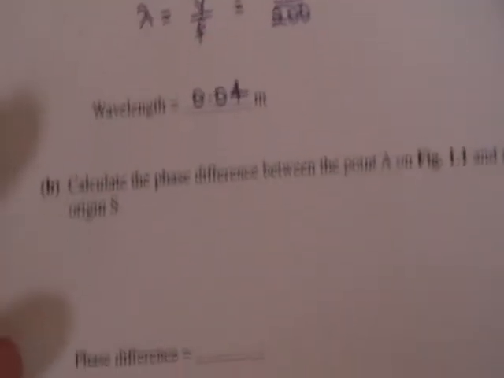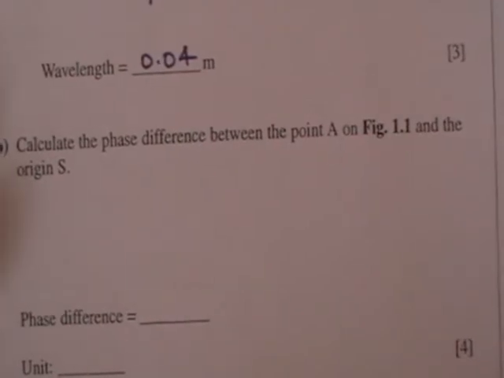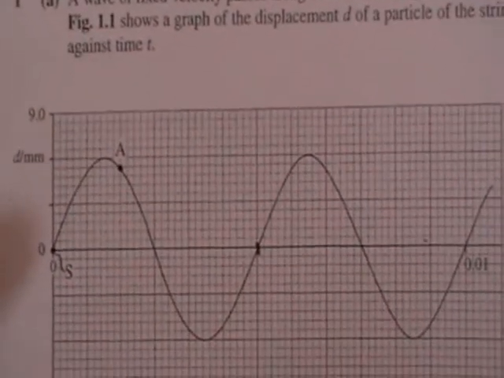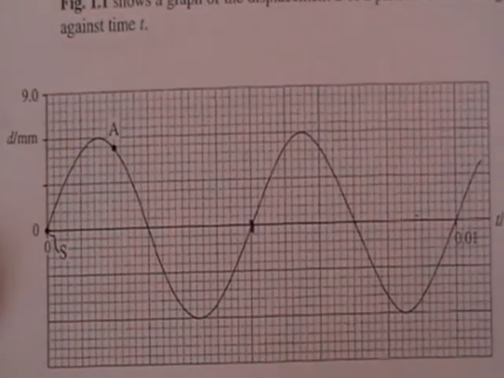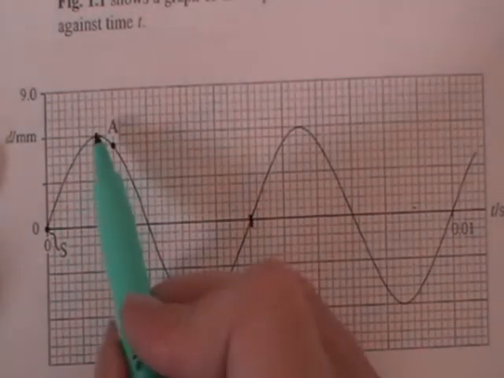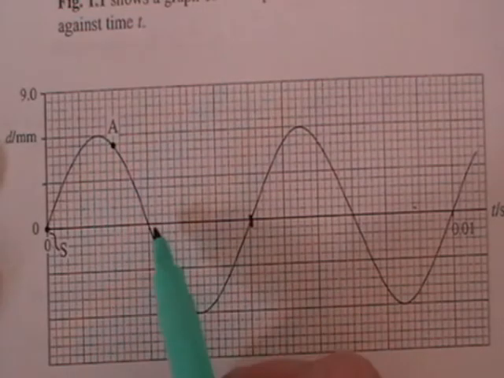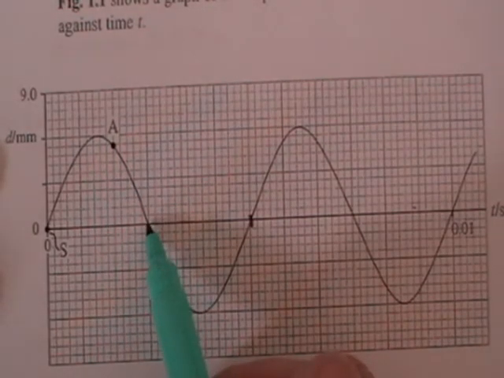And the last part of the question: calculate the phase difference between the point A on figure 1.1 and the origin S. If you have a look here, this isn't as straightforward. You can see where A is, and that would correspond to a quarter of a time period ahead, and that would be half a time period ahead.